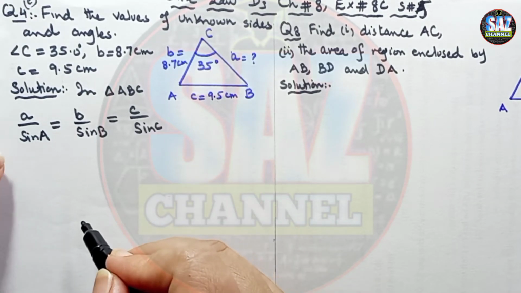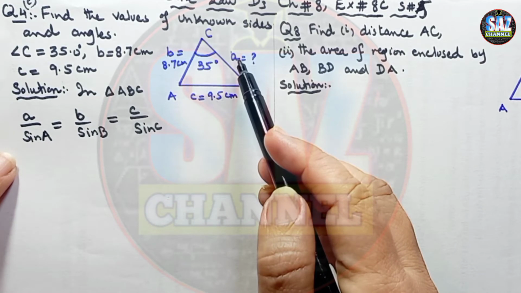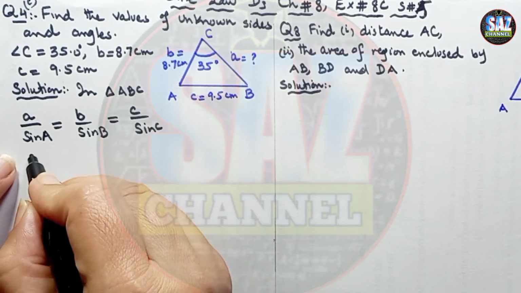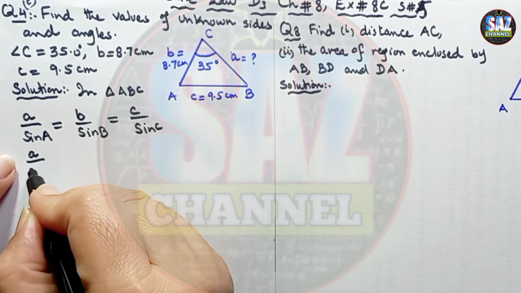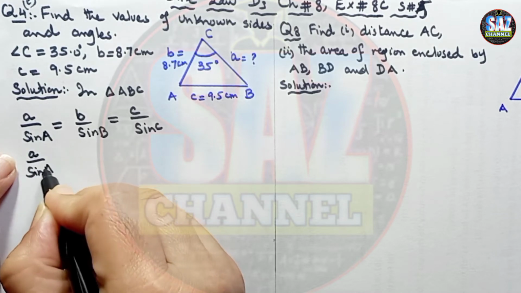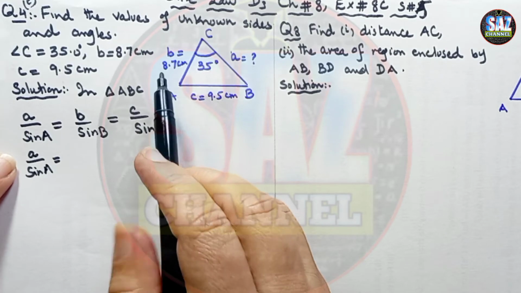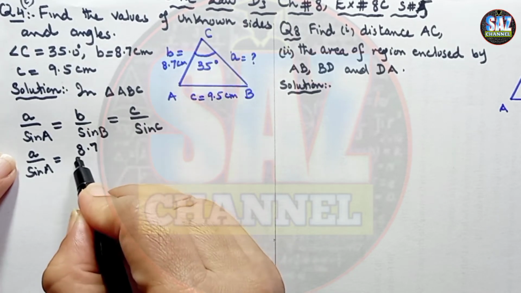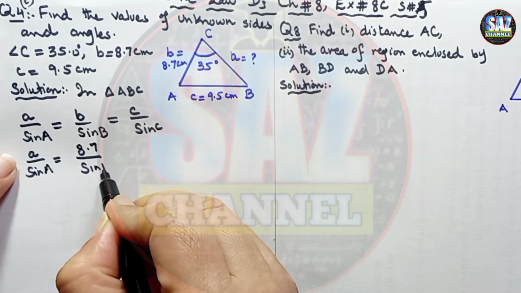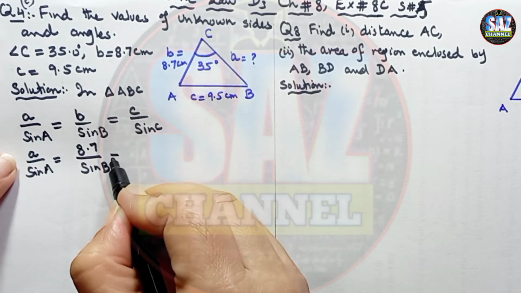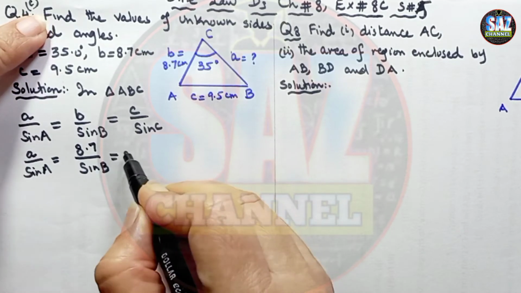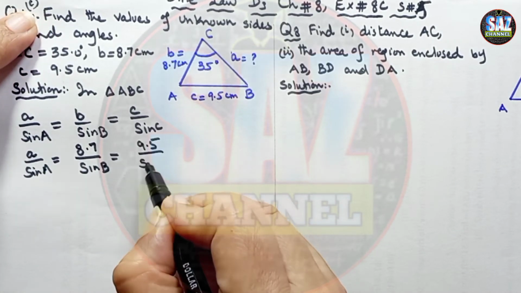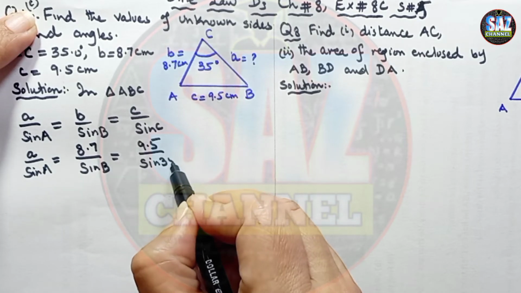Now we can see that we are not given the value of length a and angle A, so it will be coming as it is, a upon sine A. Then length b is given, that is 8.7 upon sine B, and then c, 9.5 upon sine 35 degrees.